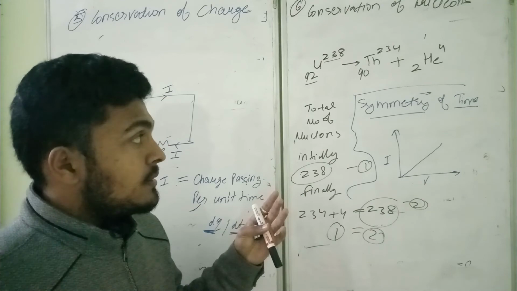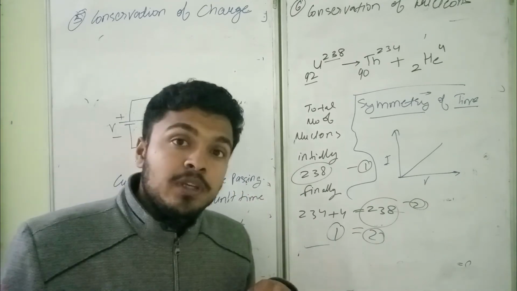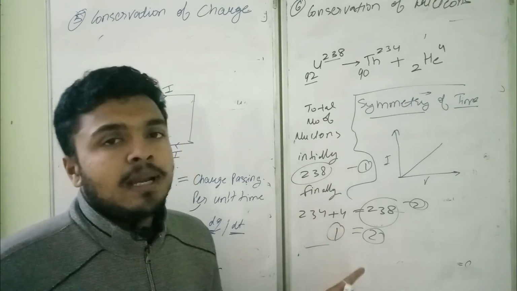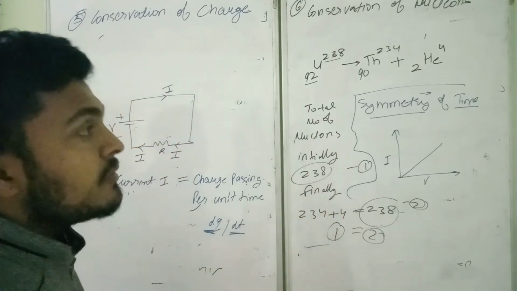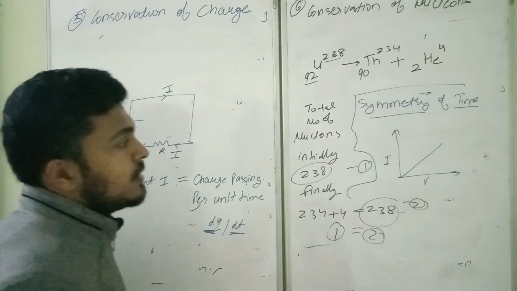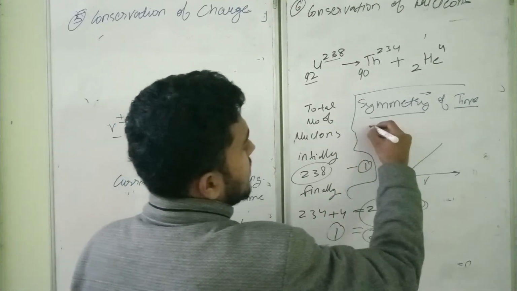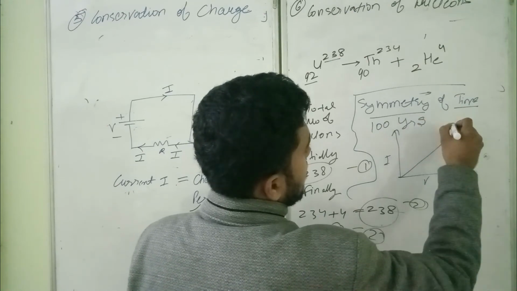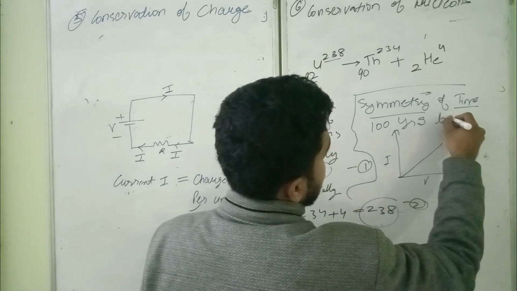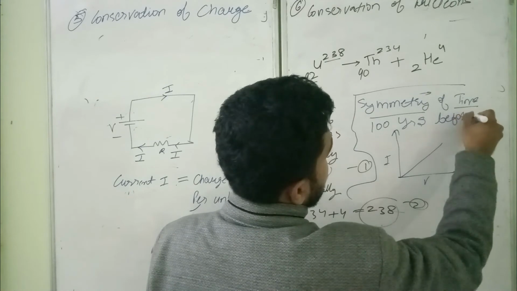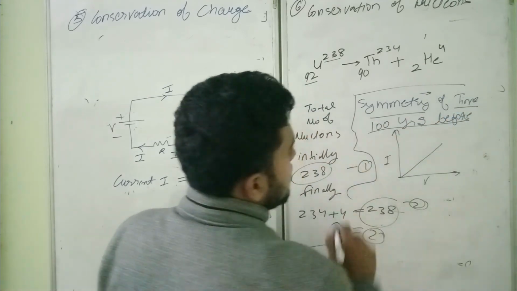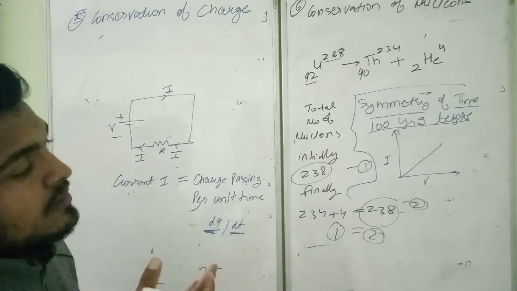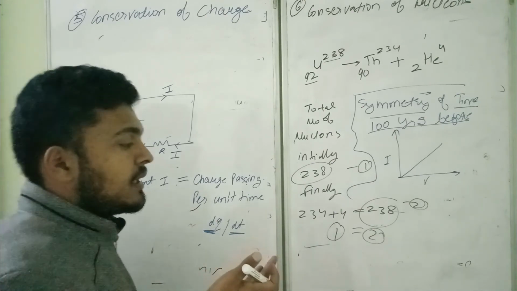And even today, if we perform the same experiment in our lab, what will we find? We will find that 100 years before, when this experiment was performed, this was the VI characteristic of an ohmic conductor.